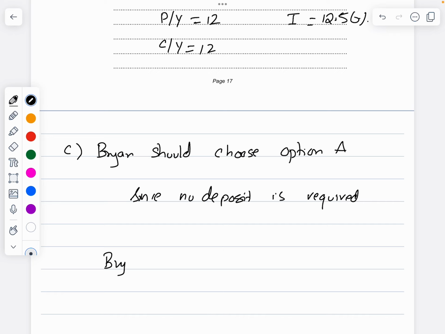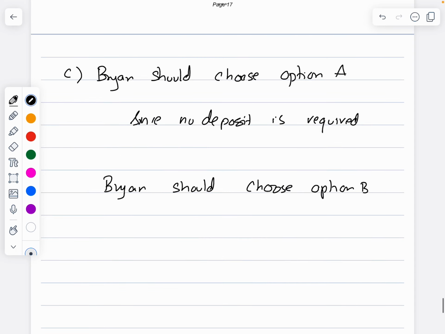Or you can write that Brian should choose option B because option A's interest is 6,923.69, which is greater than option B's, which is 5,400.